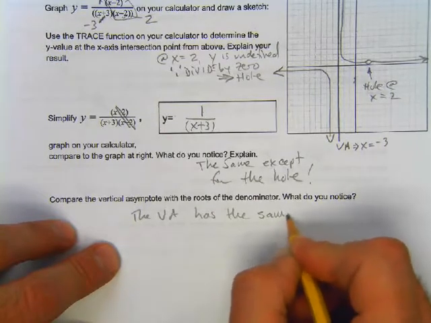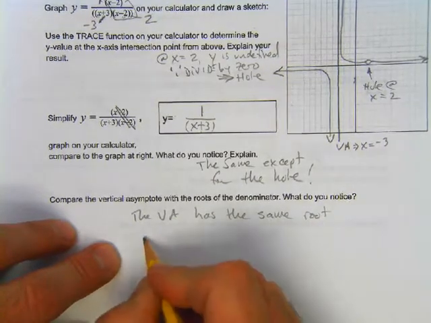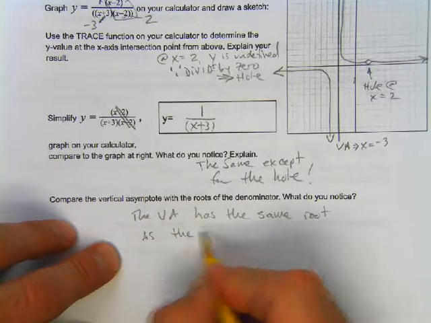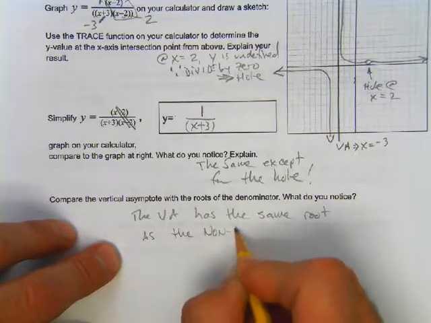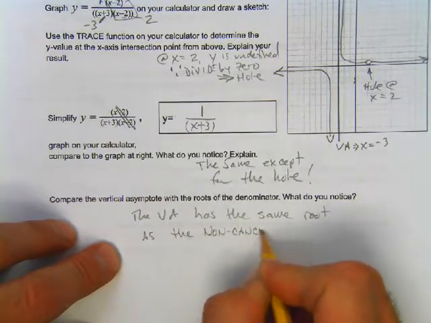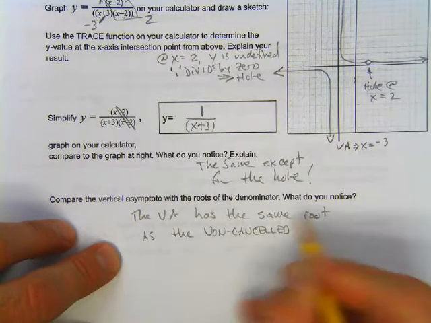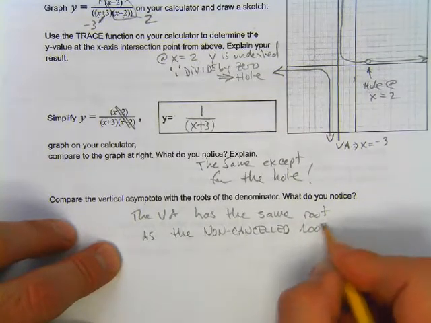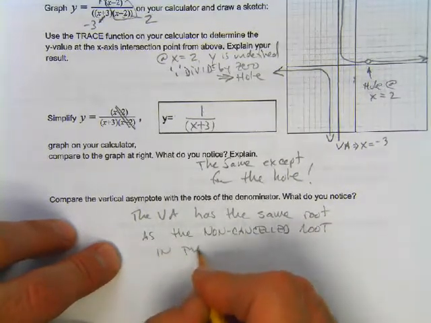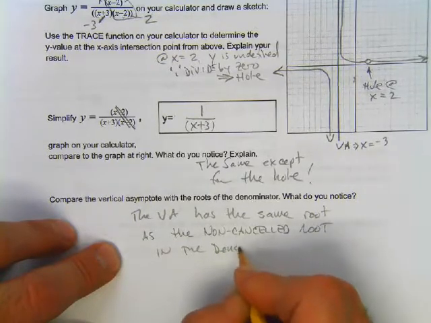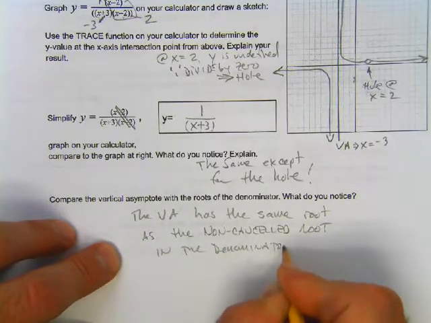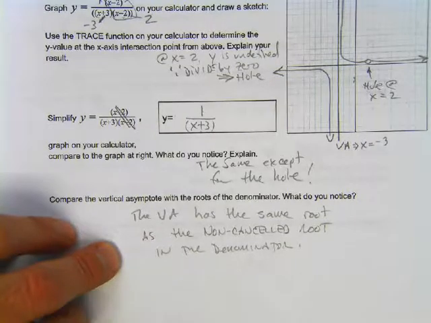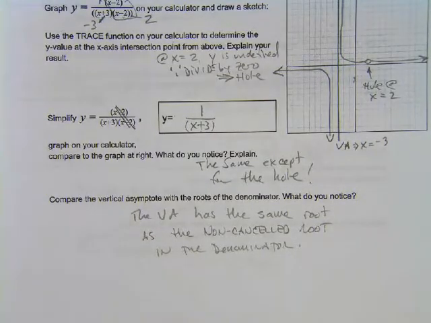And the vertical asymptote has the same root as the non-canceled root in the denominator.